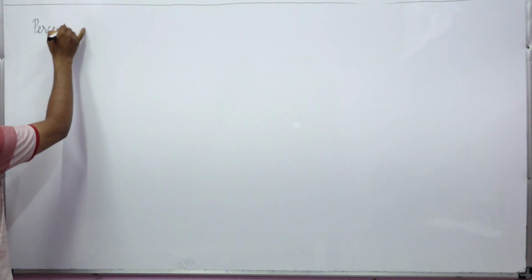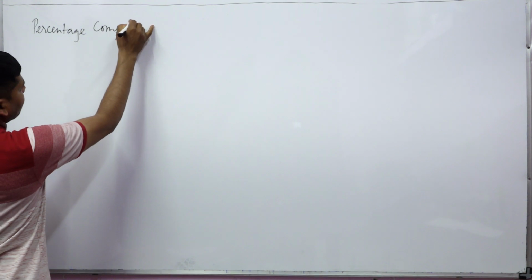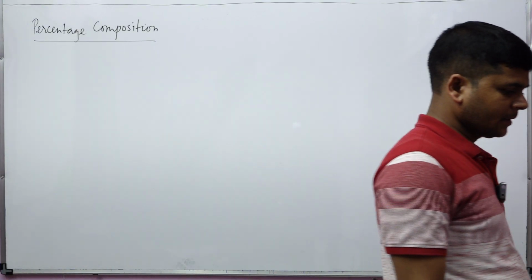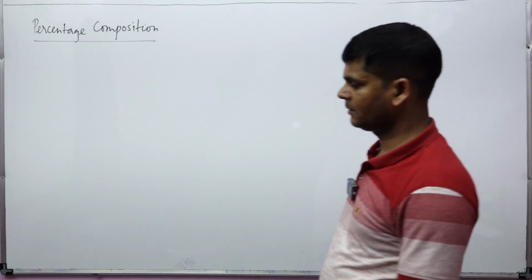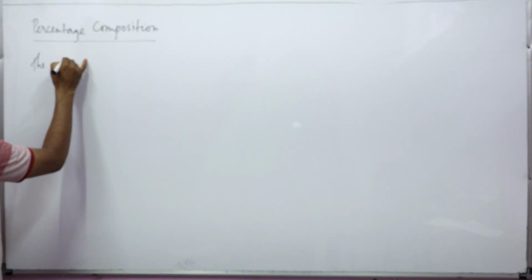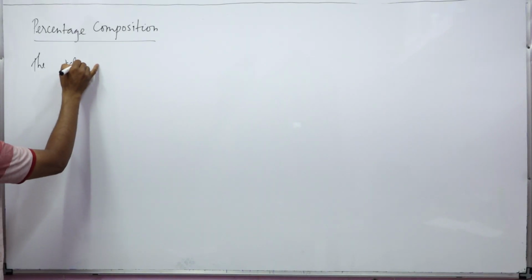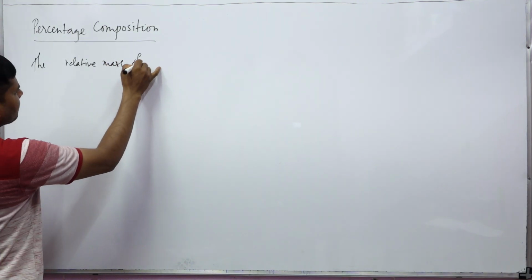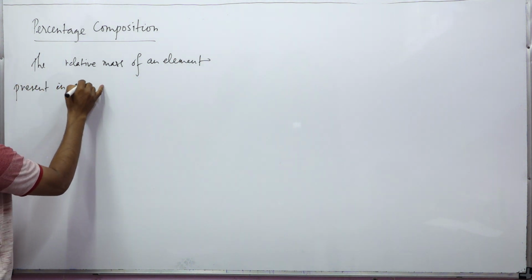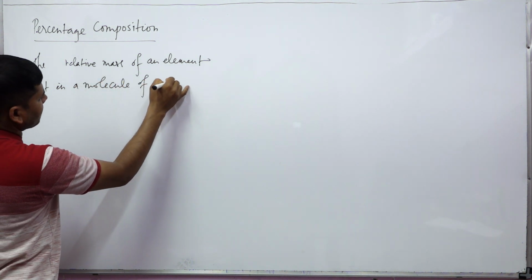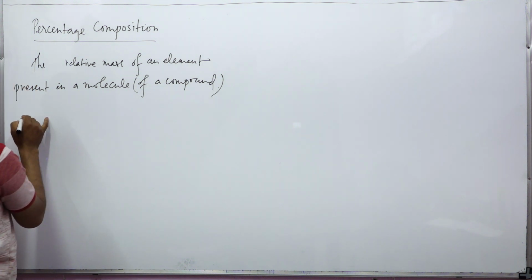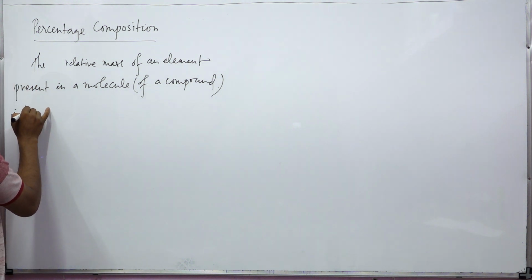One is percentage composition. What is percentage composition? It is the relative mass of an element present in a molecule of a compound, in terms of percentage.